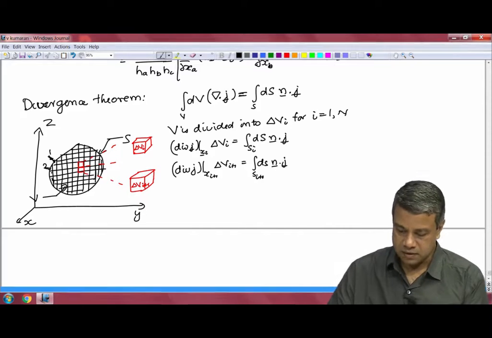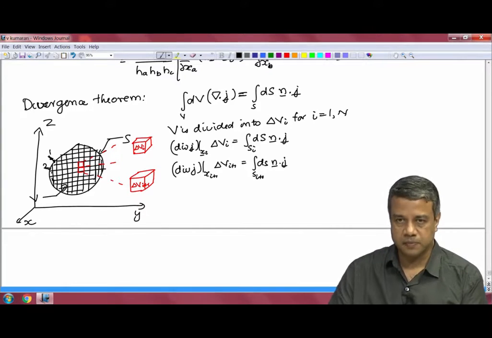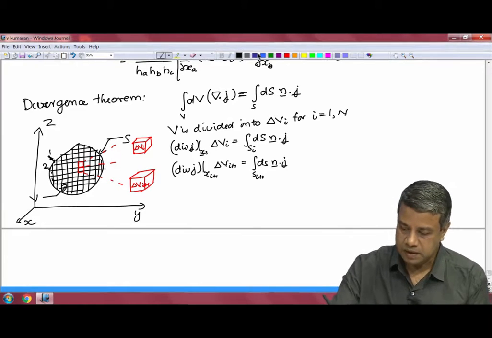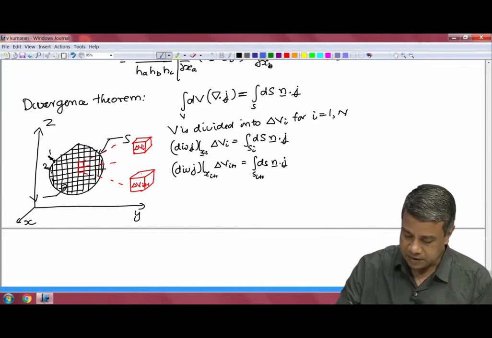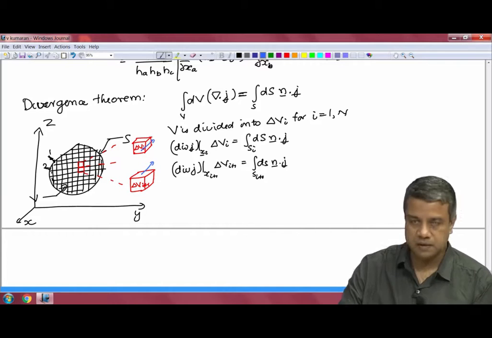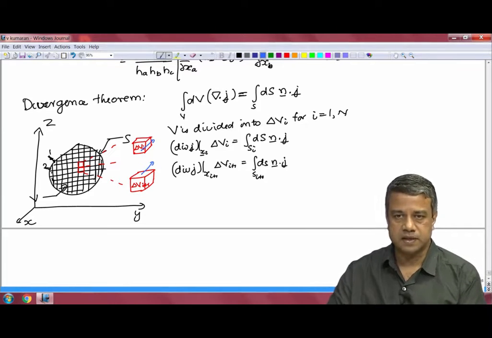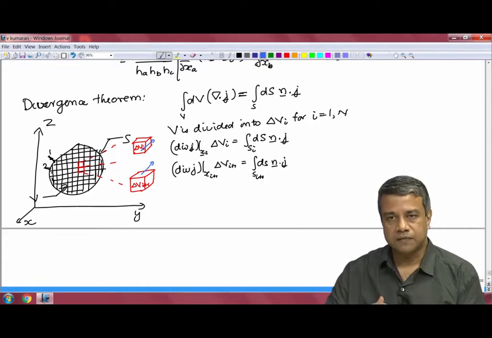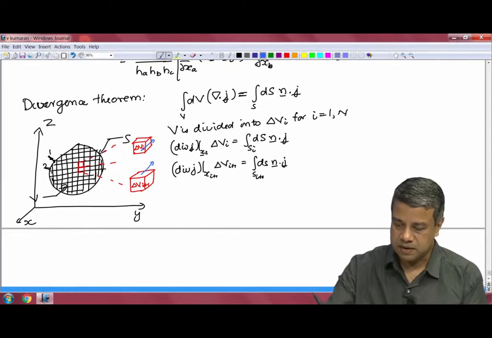So, on the internal surface that separates volume i and i plus 1, the flux at that location has to be uniquely specified.